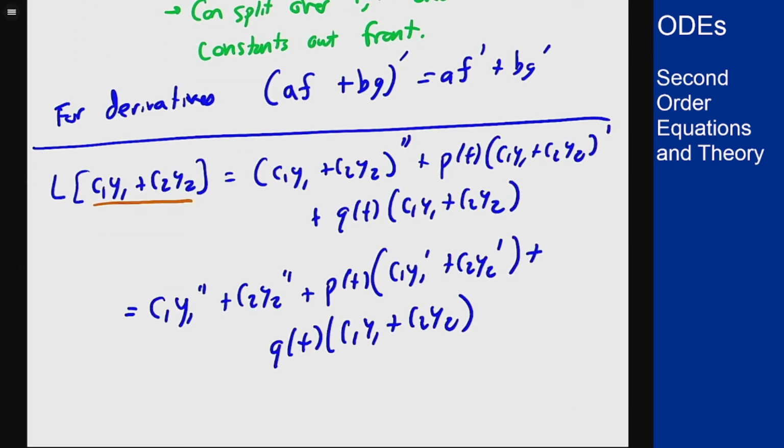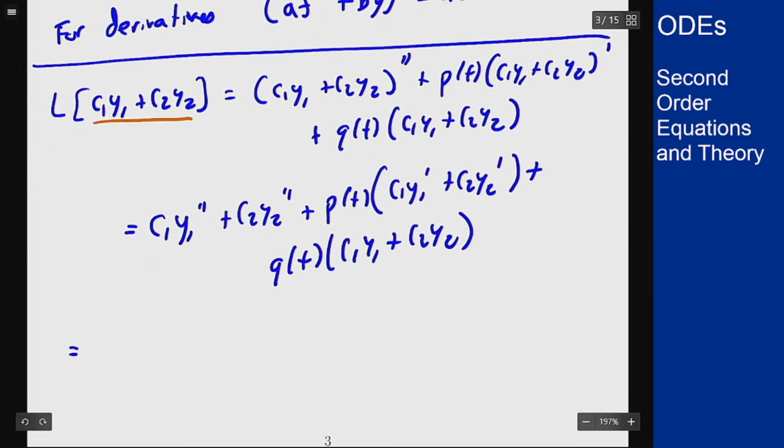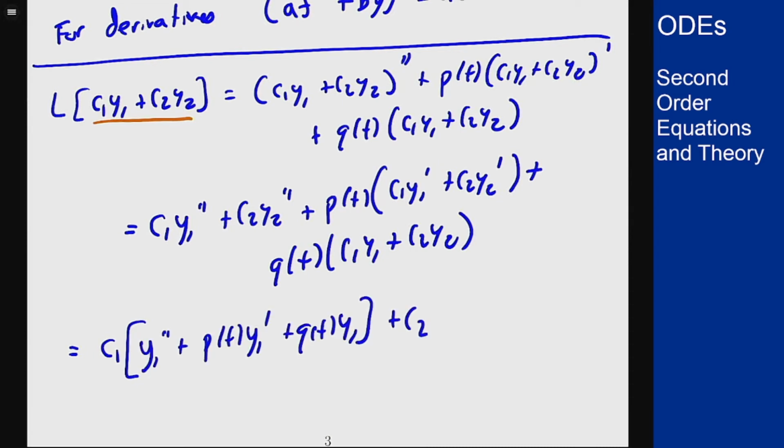Now I want to group terms by the constant in front of them as well as the functions themselves, because c1 is always paired with y1. So I can regroup terms to get something where I have c1 times a bunch of stuff involving y1, plus c2 times a bunch of stuff involving y2.